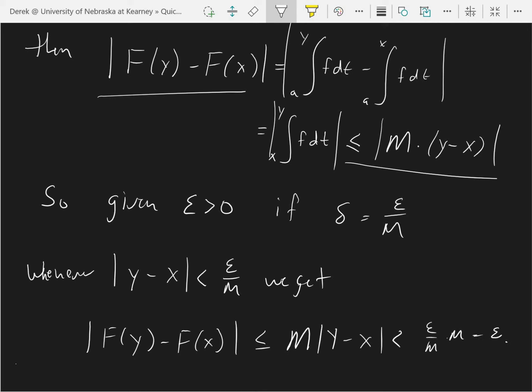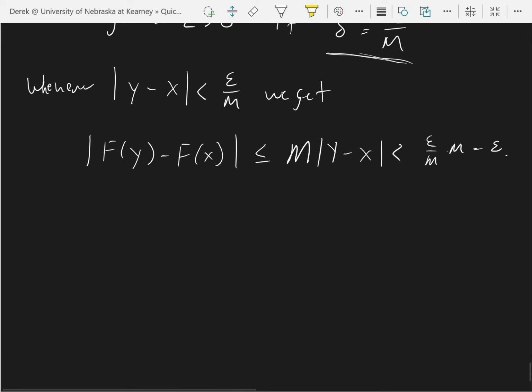That proves continuity. In fact, it proves uniform continuity, right? The same delta did not depend on x at all. It only depended on epsilon, so we actually have uniform continuity of capital F.